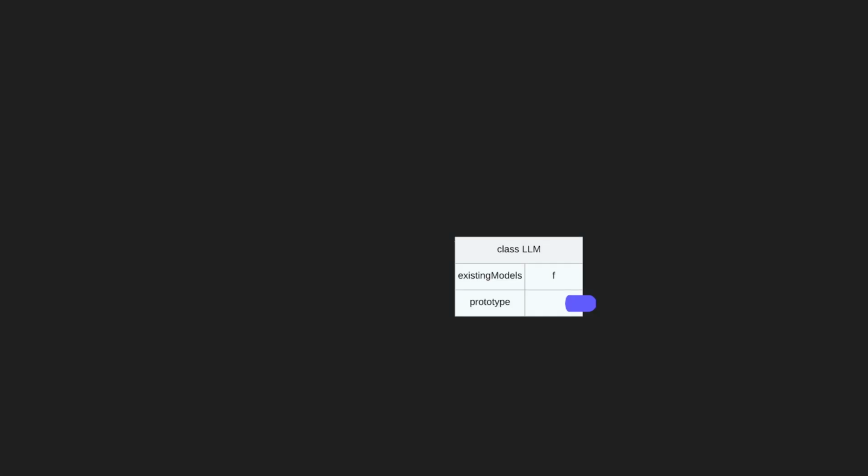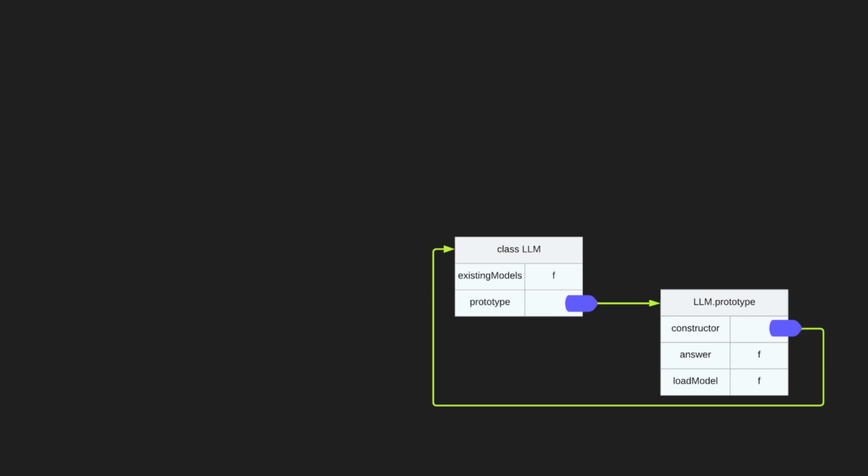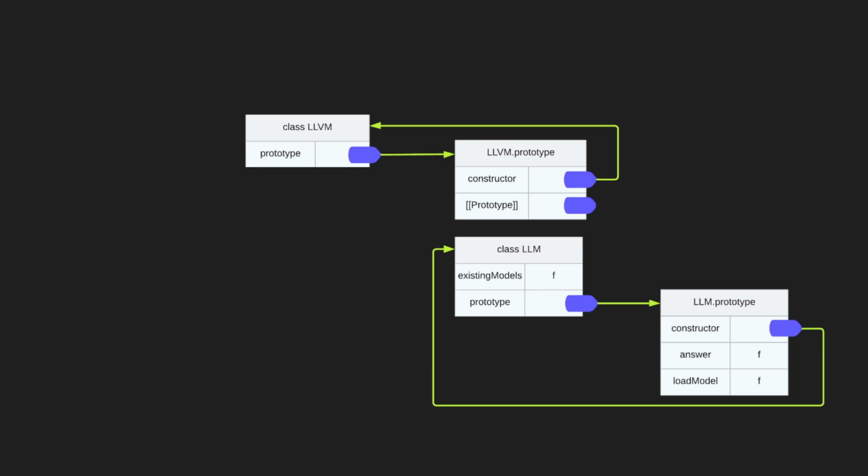Let's recap what we learned with the diagram. So the base class LLM has one static method called existingModels, and it has a prototype property, which is a reference to an object containing the instance methods of LLM, and a constructor property referencing LLM. Then we created the empty class LLVM, which has a prototype property referencing an object, which has a constructor property pointing to LLVM.